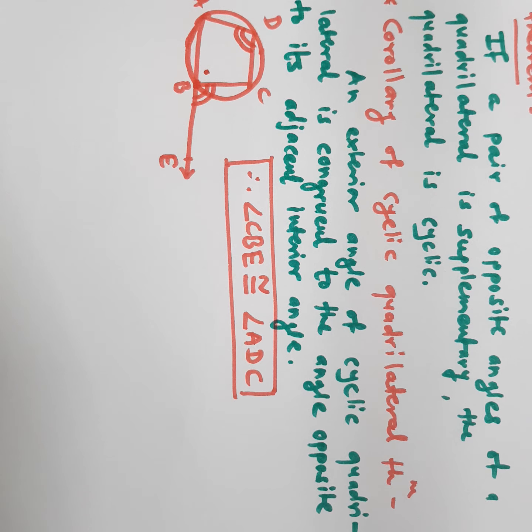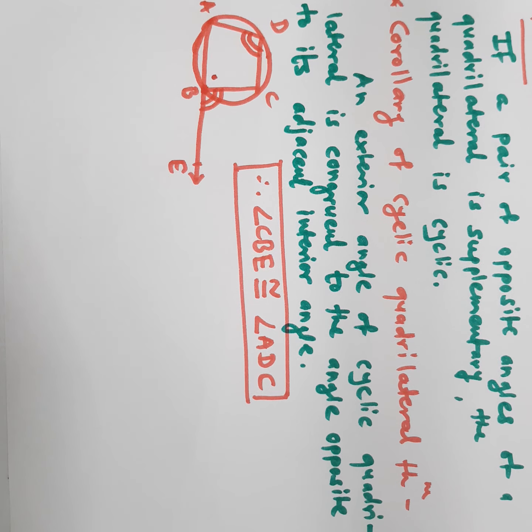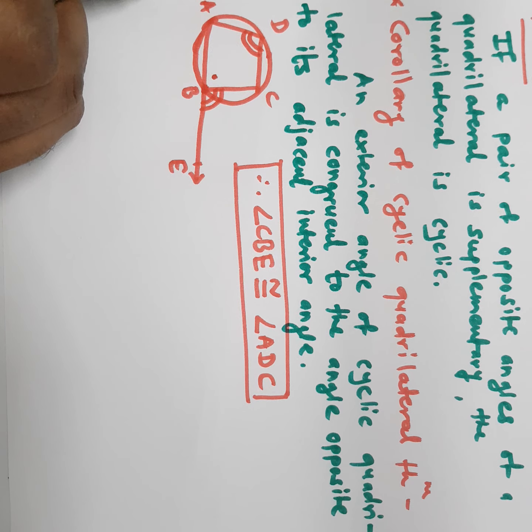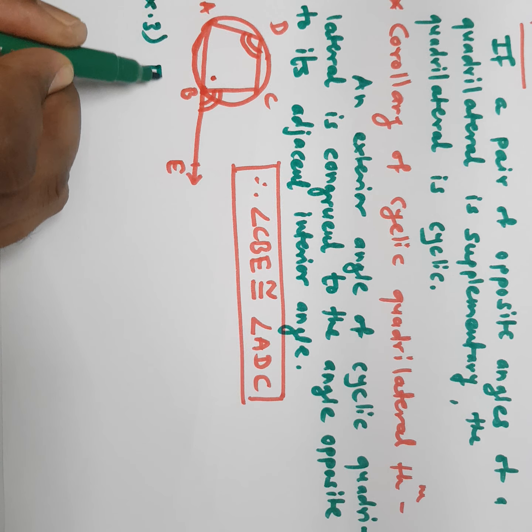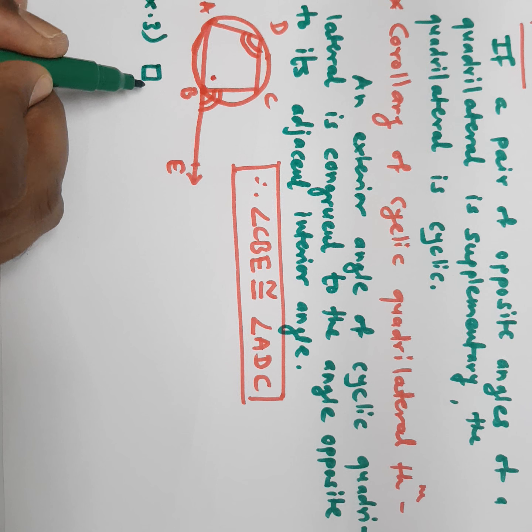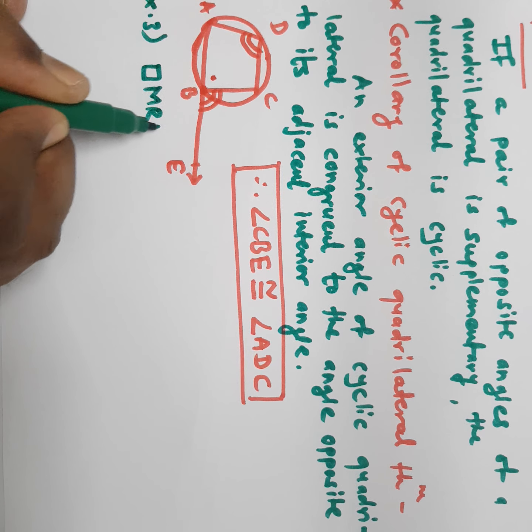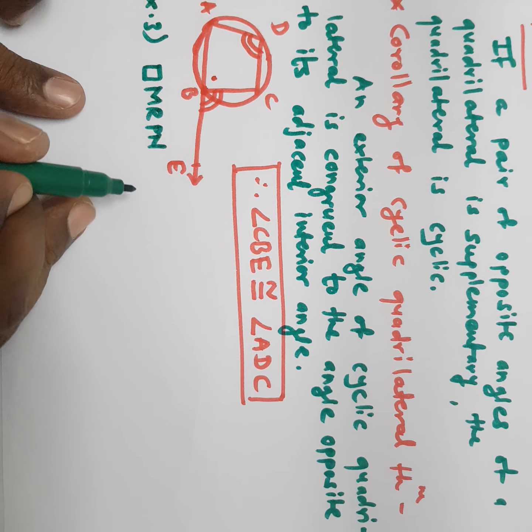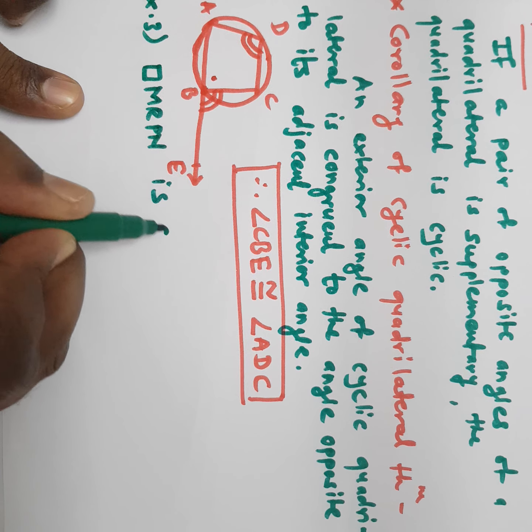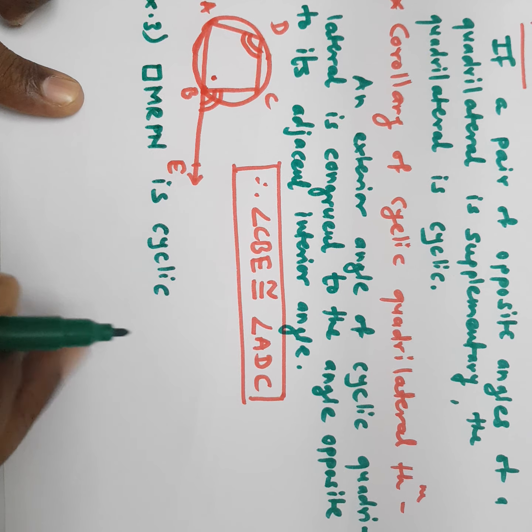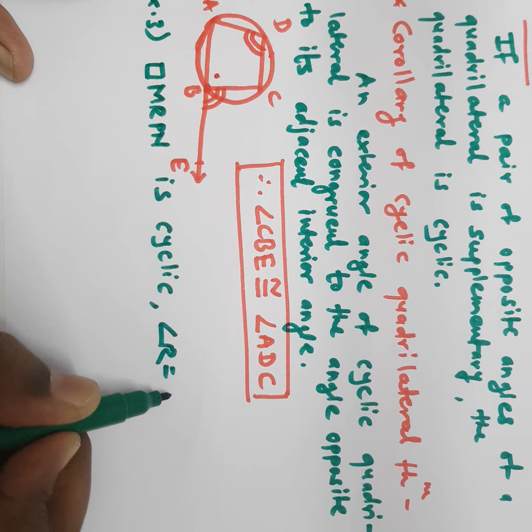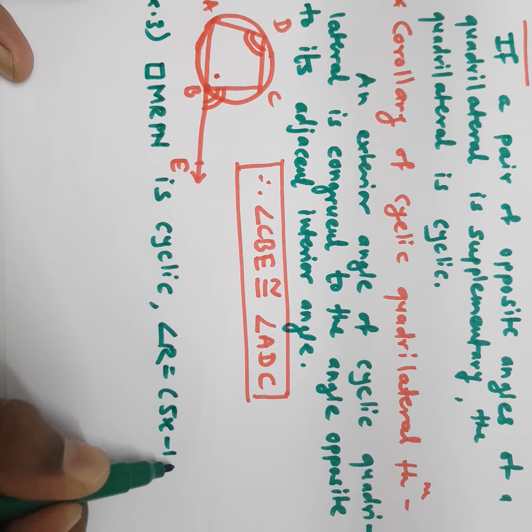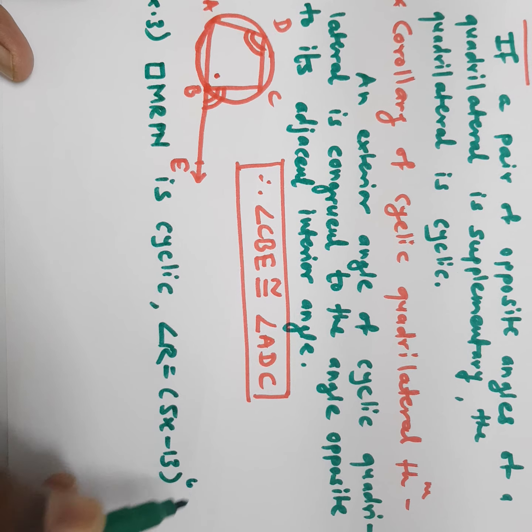Now we will see an example from practice set 3.4, example number 3. Quadrilateral MRPN is cyclic. Angle R is equal to 5x minus 13 degrees.